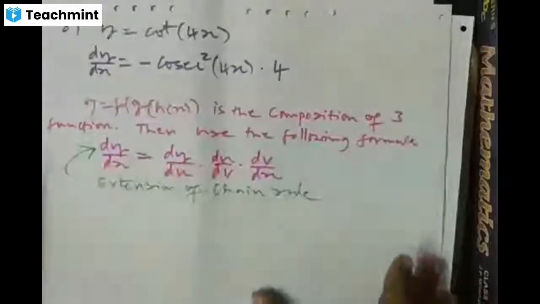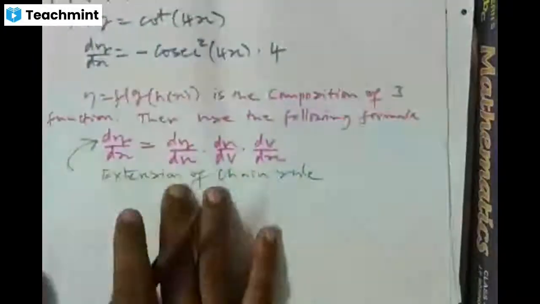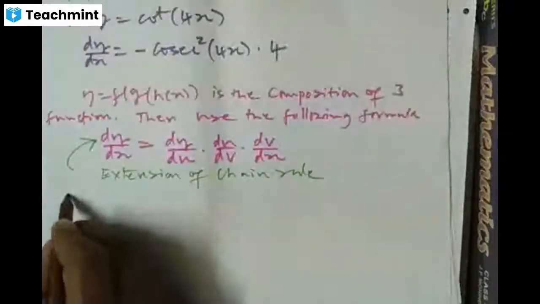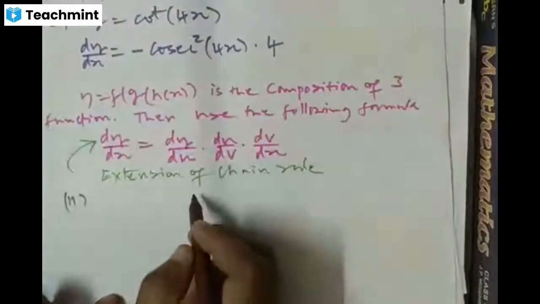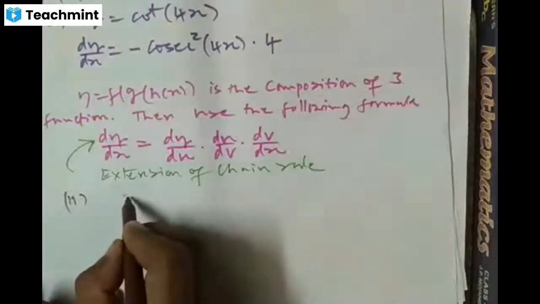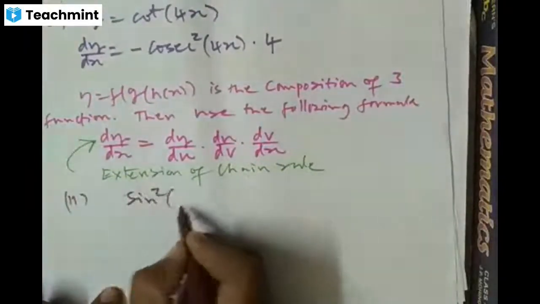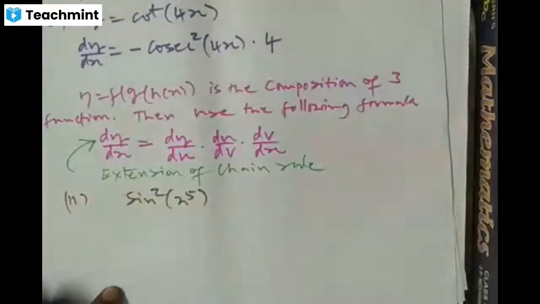The question is to differentiate the given function with respect to x. The function is sine square of x power 5.